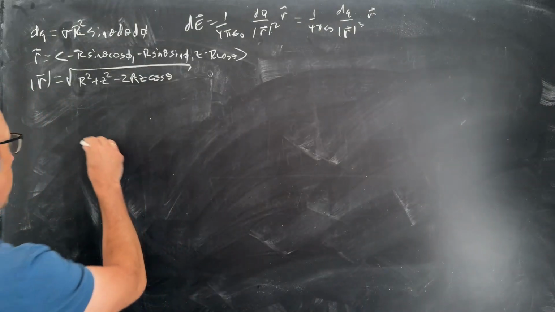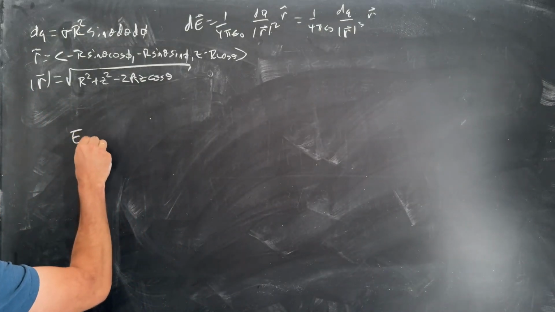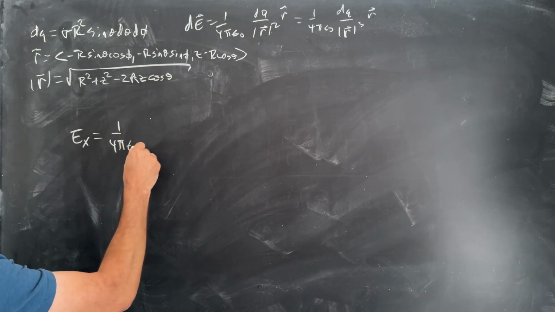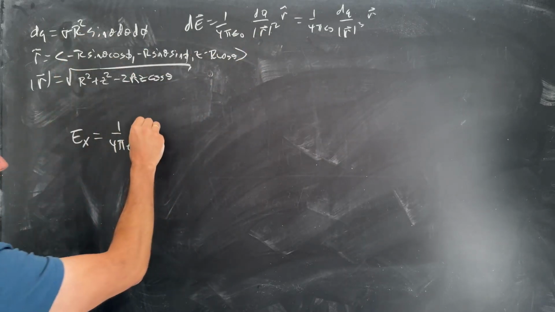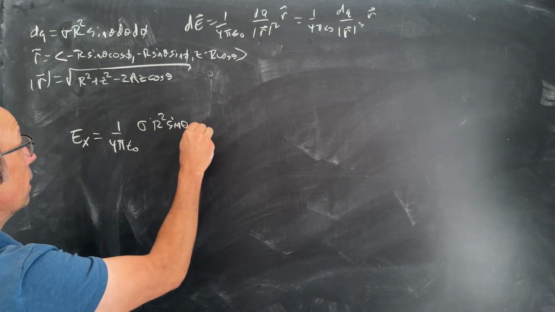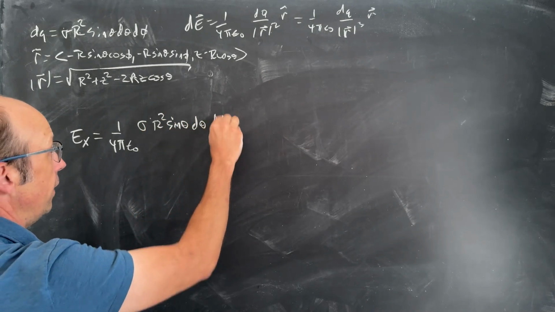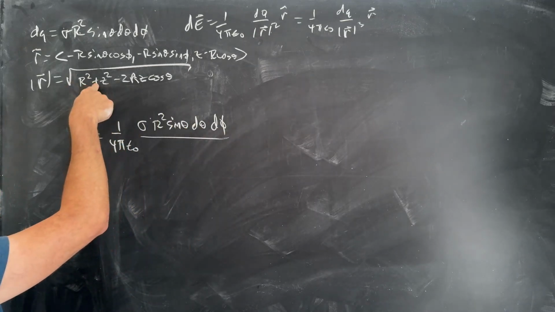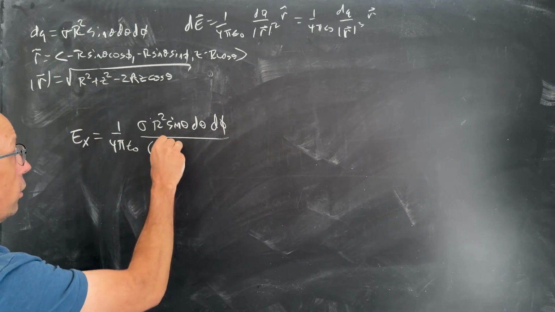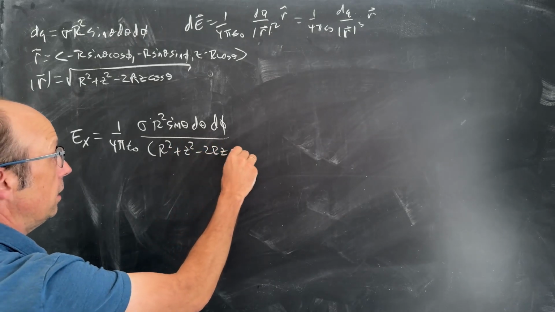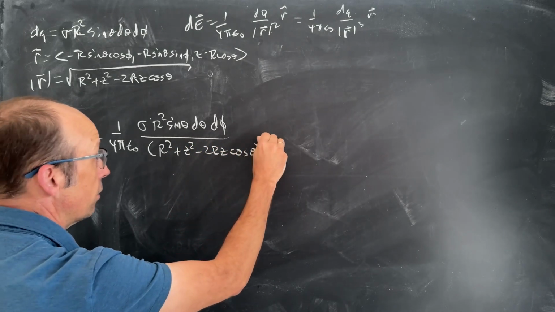Looking at the time. So Ex is going to be 1 over 4 pi epsilon naught dq, but dq is that, sigma r squared sine theta d theta d phi. And then I'm going to divide by this cubed. So I'm going to write that as r squared plus z squared minus 2rz cosine theta to the 3/2, right?